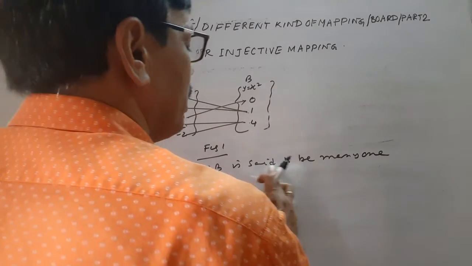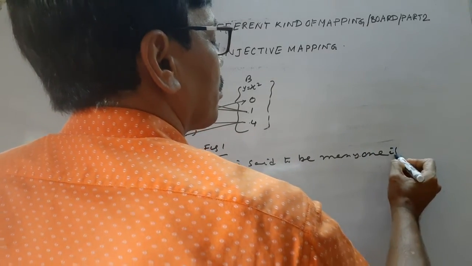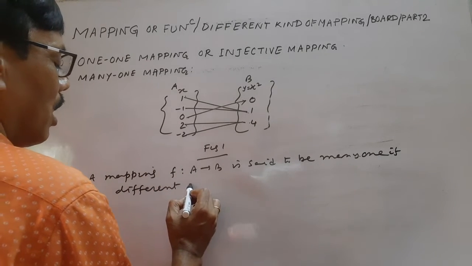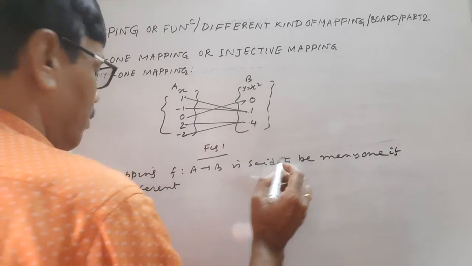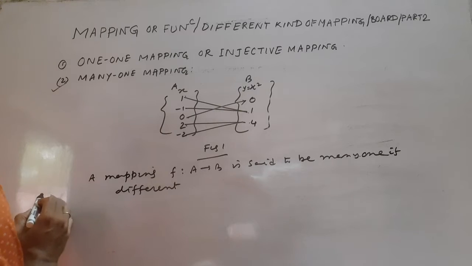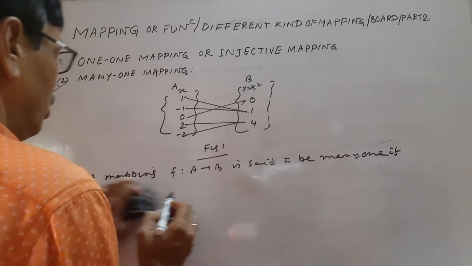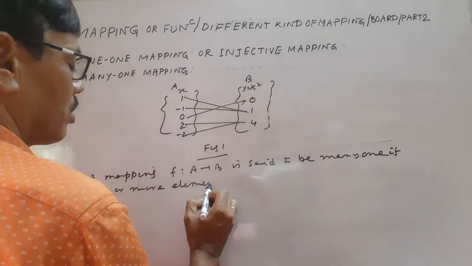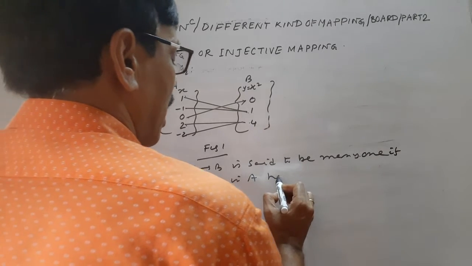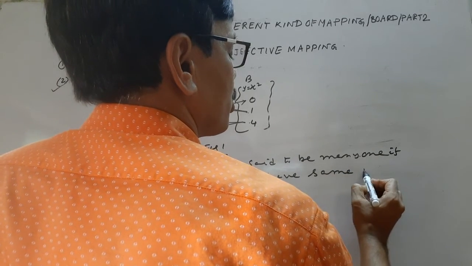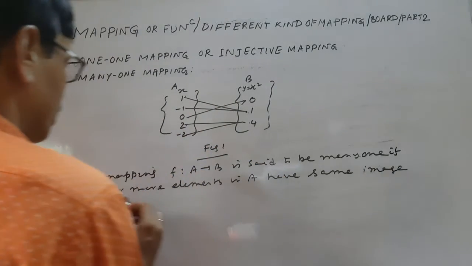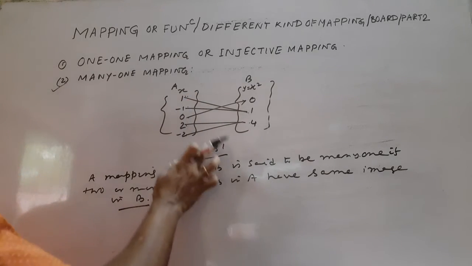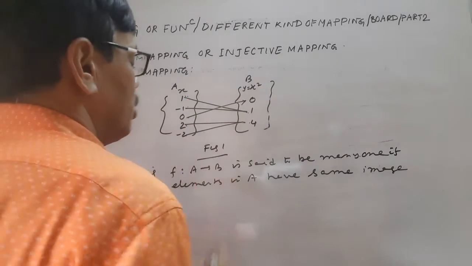A mapping f from A to B is said to be many-one if two or more elements in A have the same image. 1 and minus 1, they are different, but they have the same image 1.